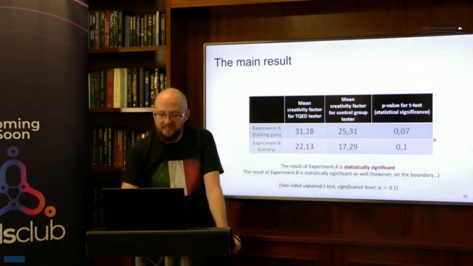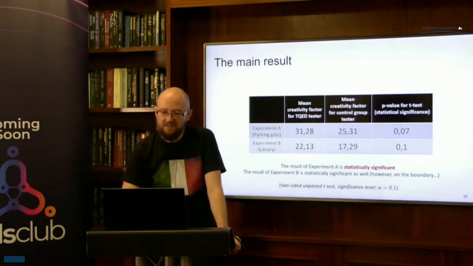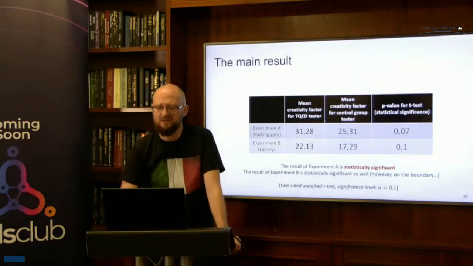And the result was that for this TQED group, the evaluation, the mean or the sum of these factors, was greater than the mean value for the control group in both cases.